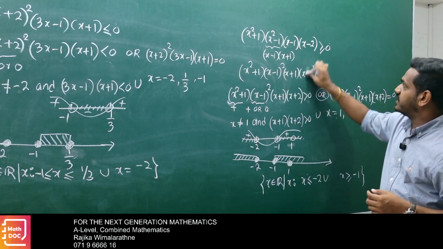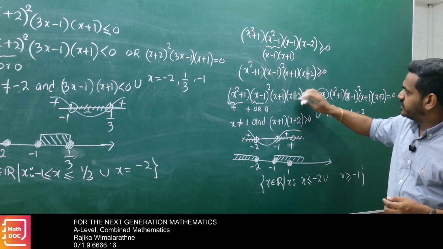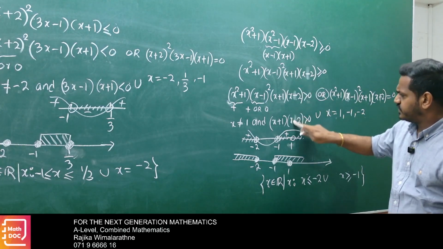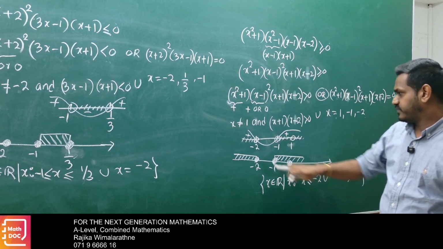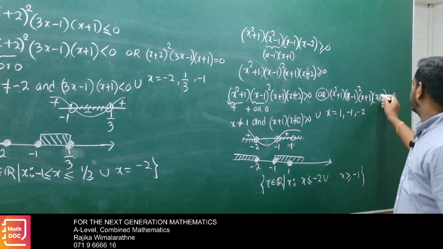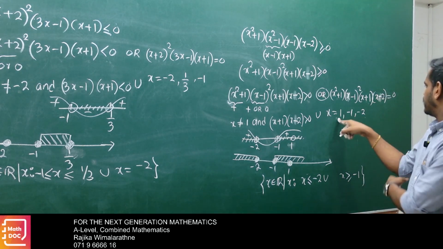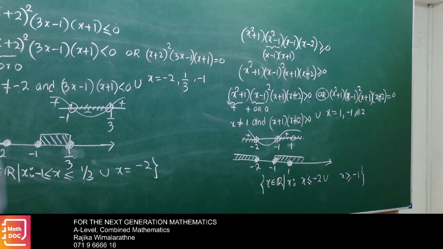Plus 1, x minus 2, no? (x plus 1)(x minus 2), minus 2, then 1, minus 1, plus 2. So we had to reset it, no?